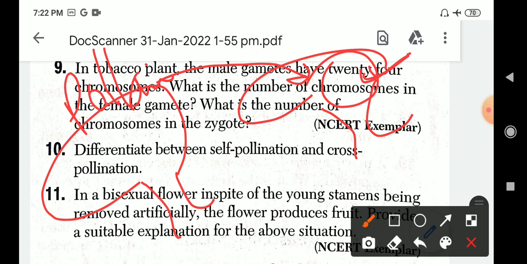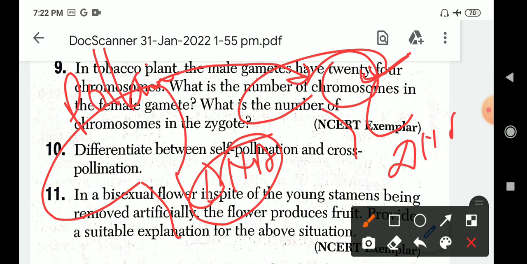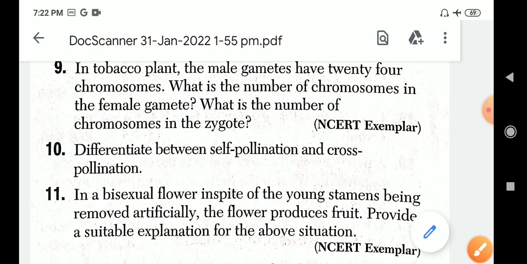In this case, this plant has another DNA. The species is the same, everything is the same, but the plants are different. So this is cross pollination, right? This is the example of cross pollination. I hope this is enough for today, and in the next class we will discuss the rest of the questions of this exercise. Okay, bye and have a nice day.